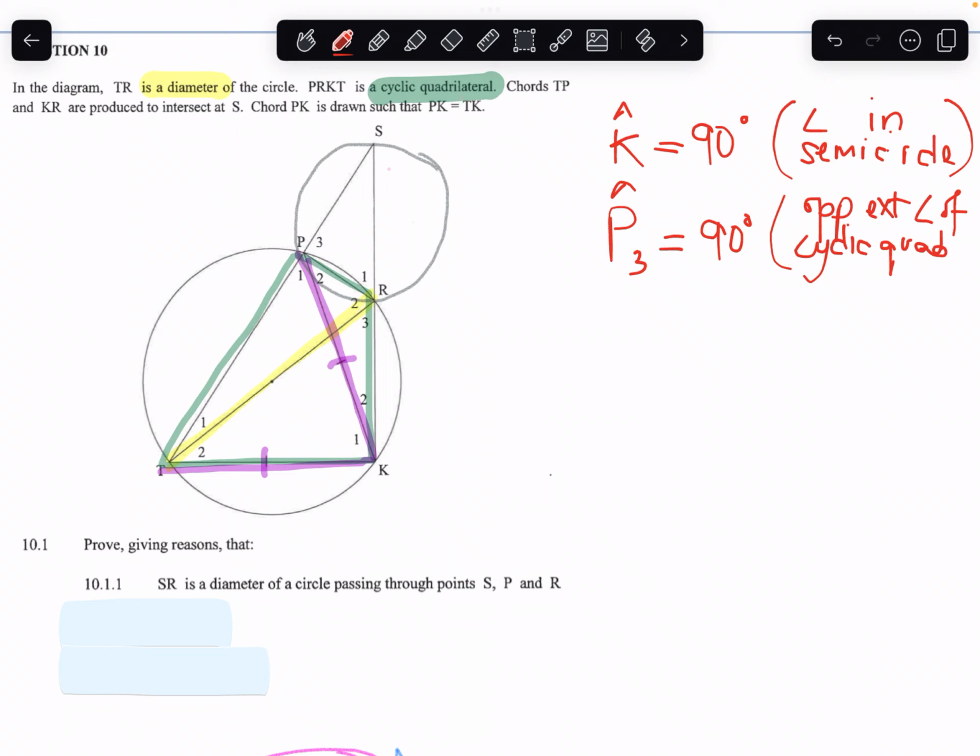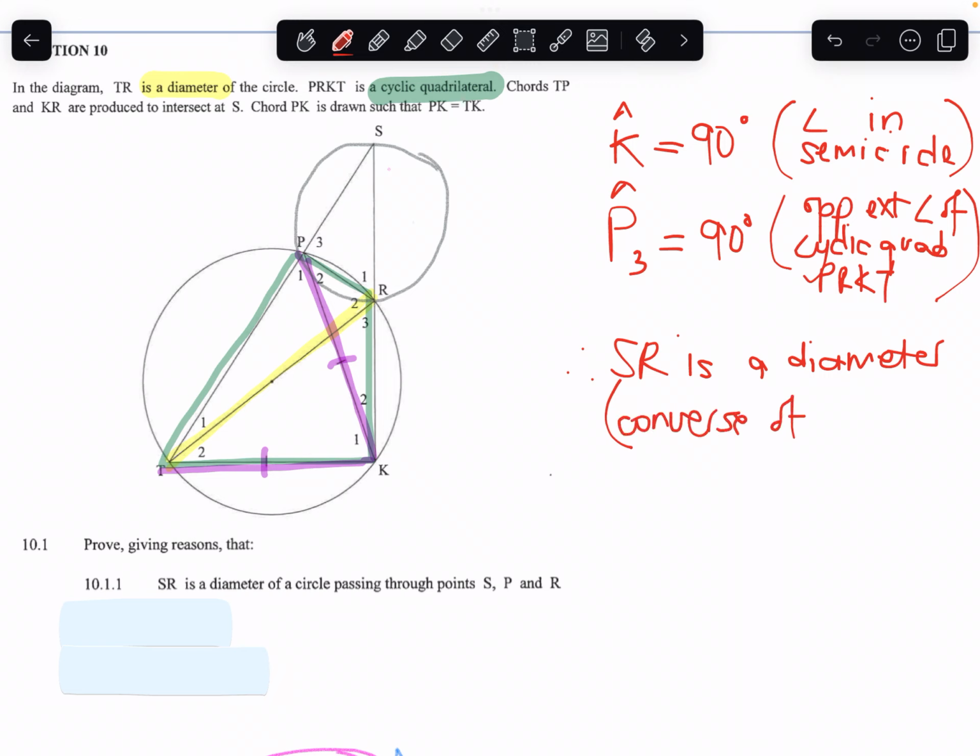Okay, in this case we're talking about cyclic quad PRKT, right? And so therefore SR is a diameter. Okay, and that's because of the converse of angle in semicircle.